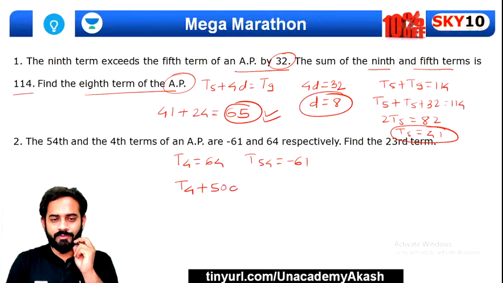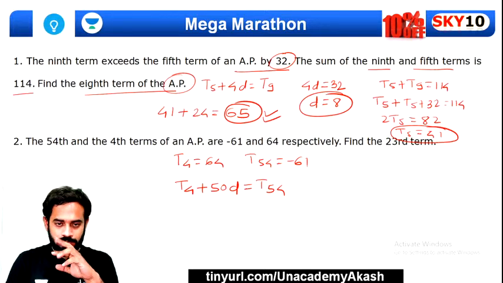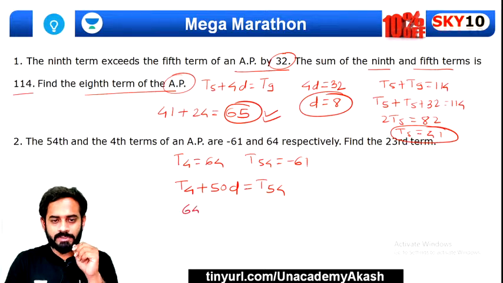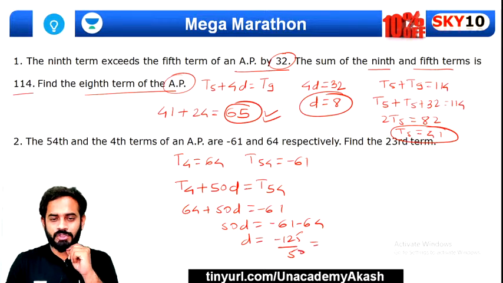We will have to add the common difference 50 times, then you will get T54. Now here 64 plus 50D is equal to minus 61. So 50D comes out to be minus 61 minus 64. So D is equal to minus 125 by 50, so you will get minus 5 by 2. This is the value of D over here.